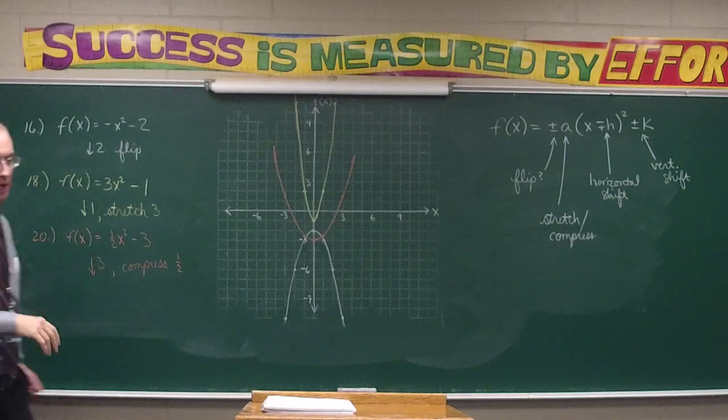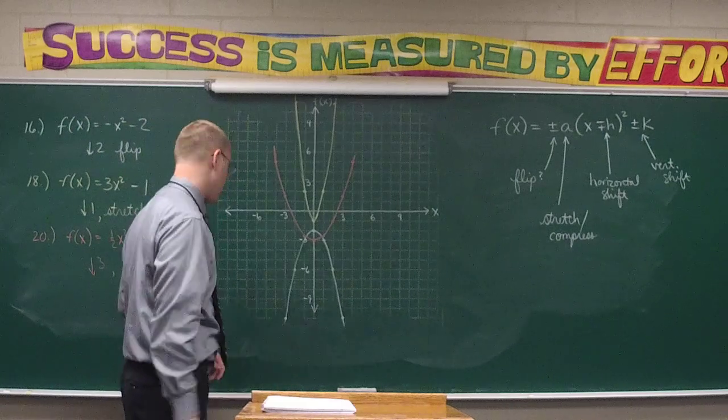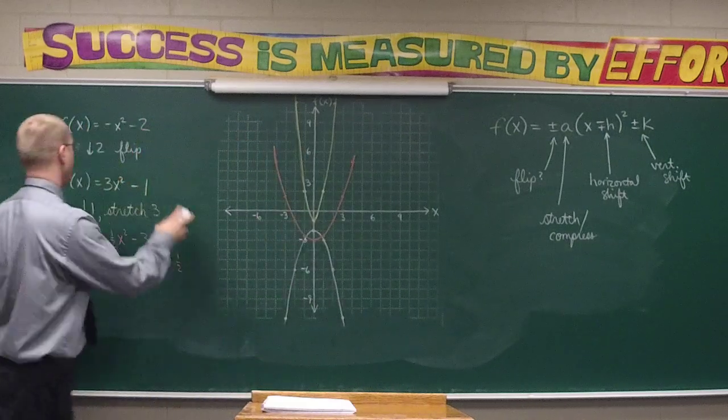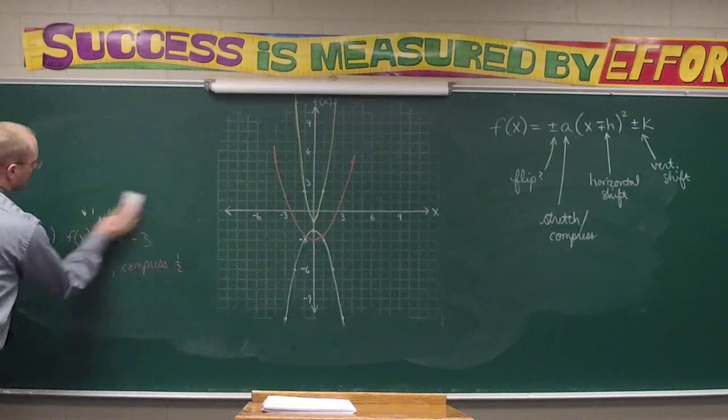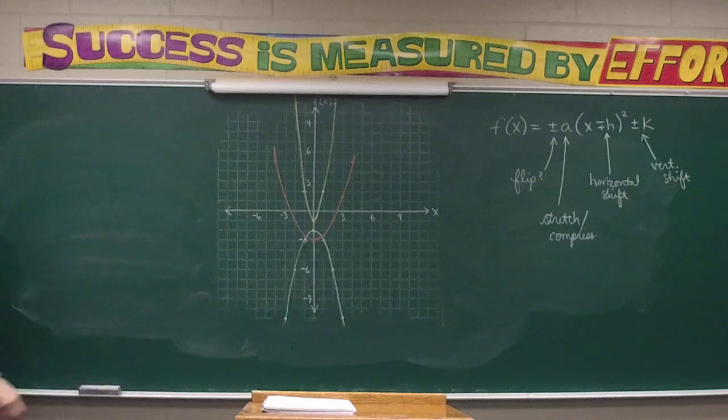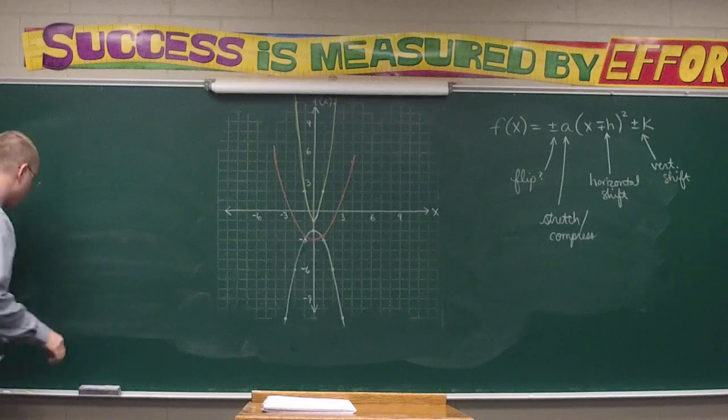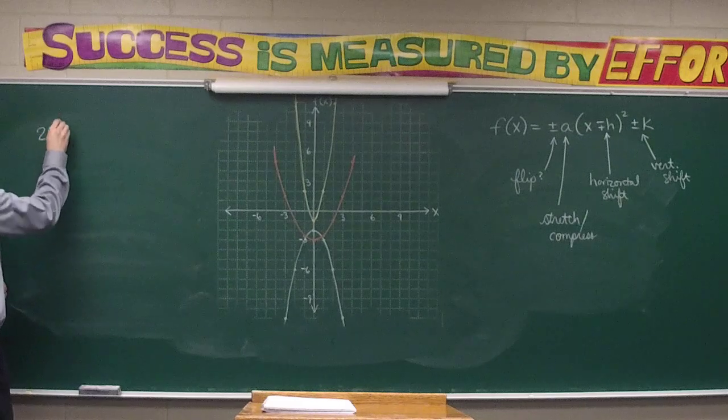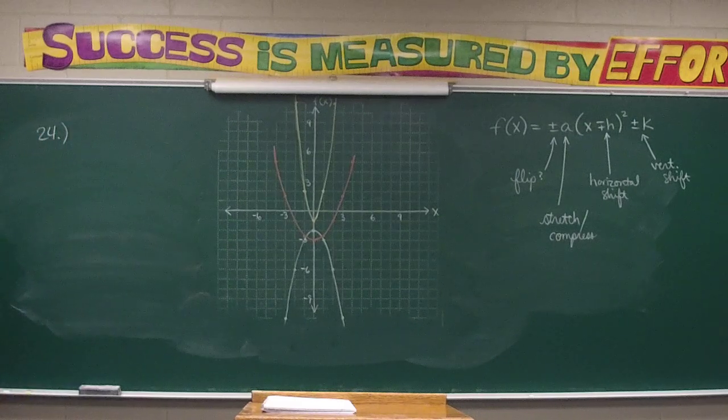All right. I'm going to have to set up a new graph grid, but at your seats you can do 24. Number 24. Three changes.